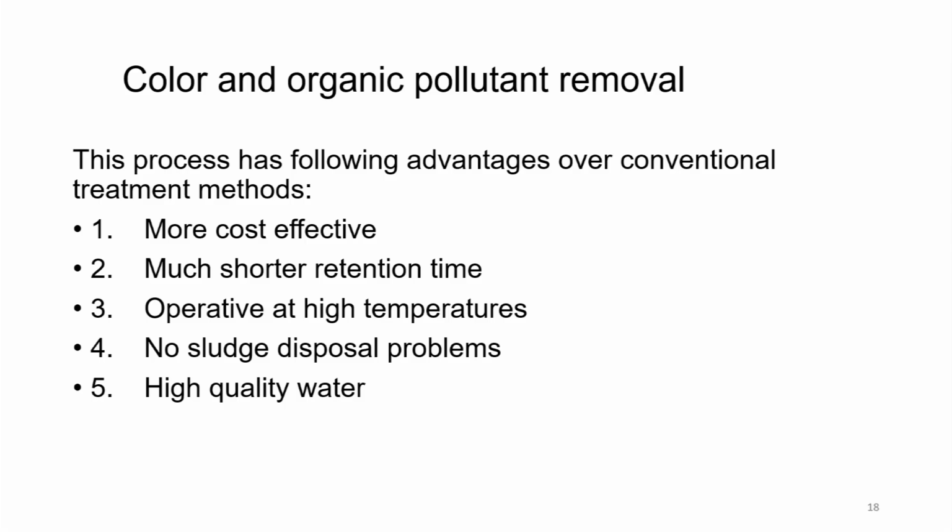If we have an advantage of this type by any method, then that method will be very, very superior, where it will be cost effective, will require less time, can be operated even at high temperature and no sludge generation, and the output water quality would be very good.